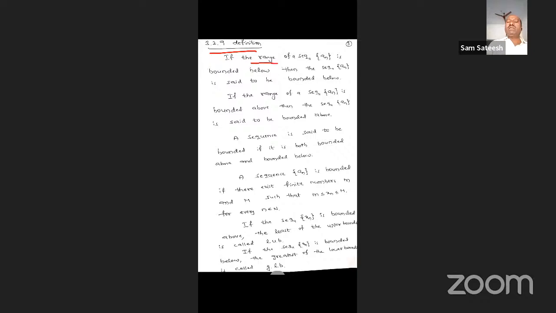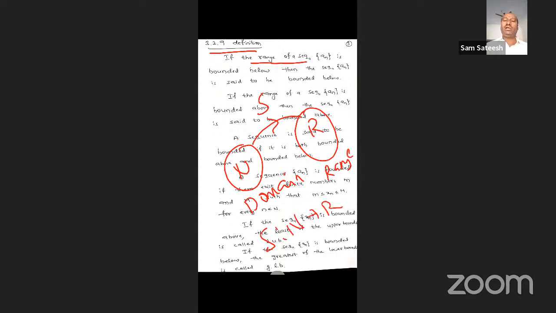If the range of the sequence... suppose n is the natural numbers and r is the real numbers. This is the domain, and this is the range. A sequence S maps n to r, so r is the range.